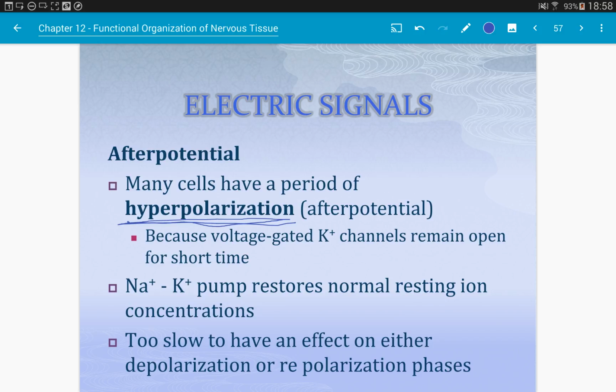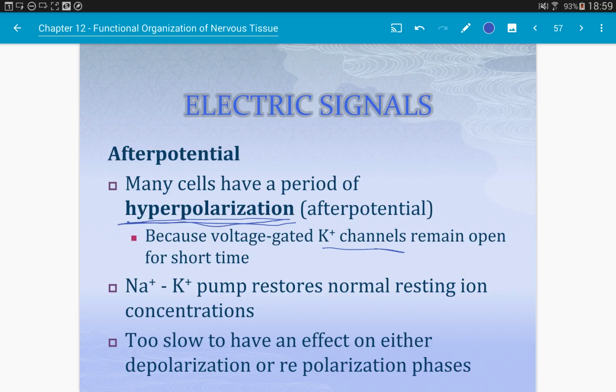It means that at that time, that cell cannot be stimulated because it is hyperpolarized. And the reason it's hyperpolarized is because those potassium channels are staying open and the potassium is moving in and out, and it has not yet established the resting membrane potential.